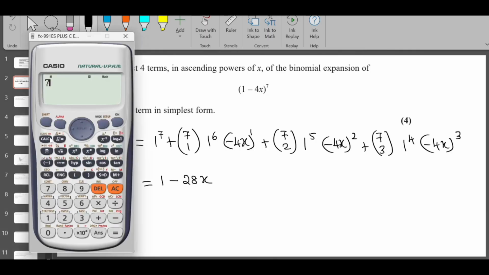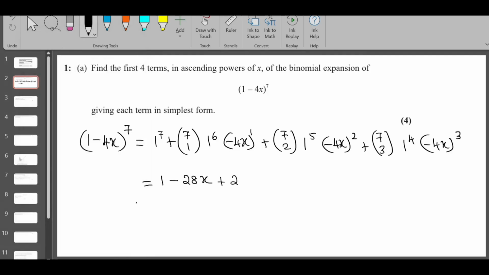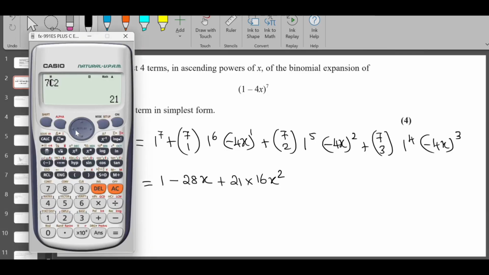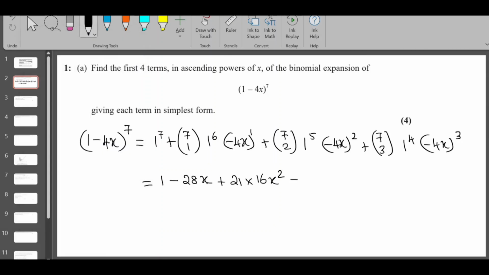7C2 is 21, so 21 times 16x squared, and then 7C3 is 35. Why did I put minus?